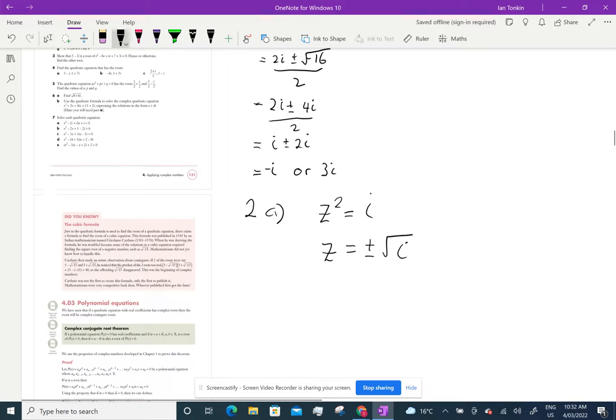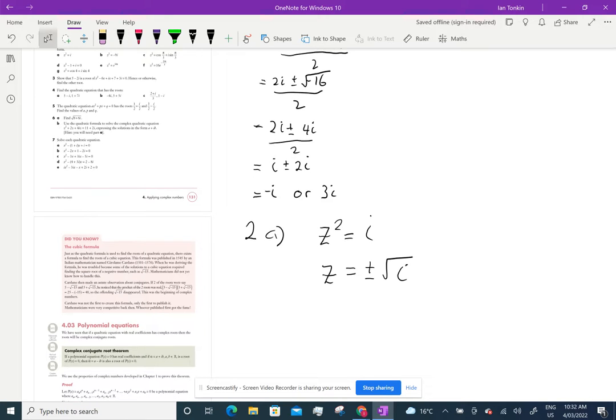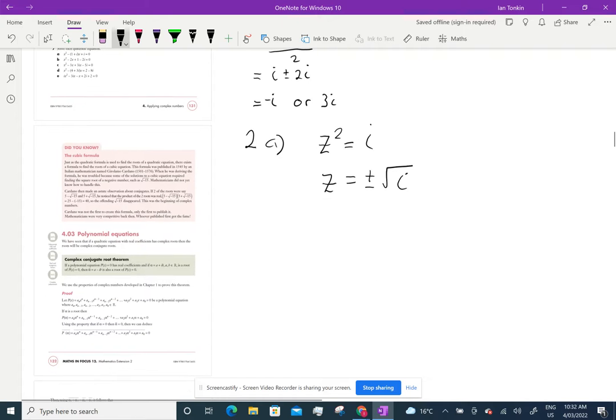We've done this before when we've found the solution to different things. So we know that the answer to that is going to be a complex number. So we'll say let a plus ib be some complex number equal the square root of i. And I'm just going to leave it as the square root of i because I'm going to square it, which will get rid of the positive and negative.